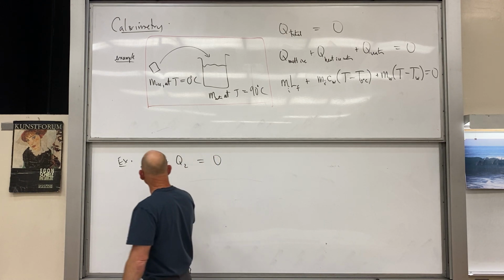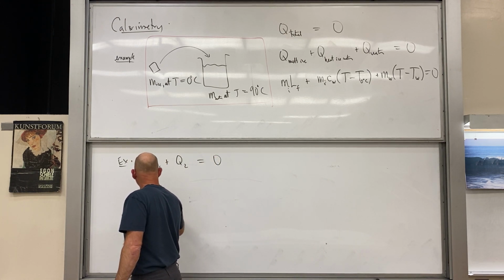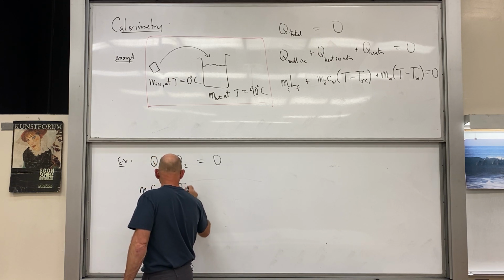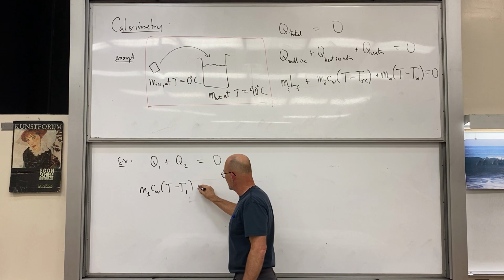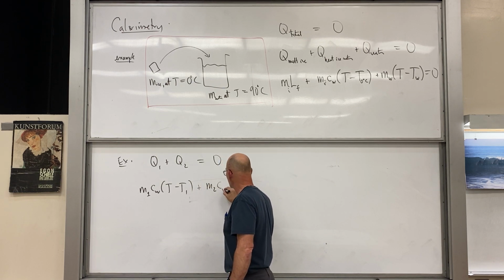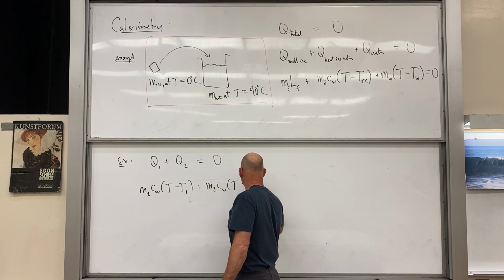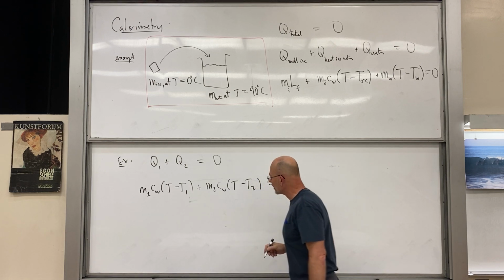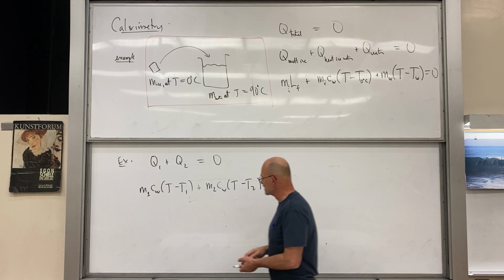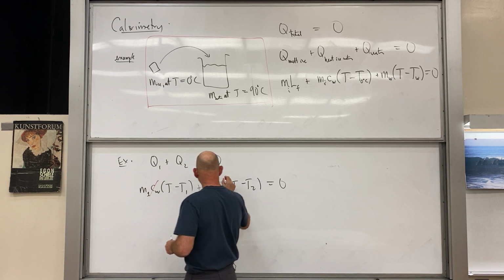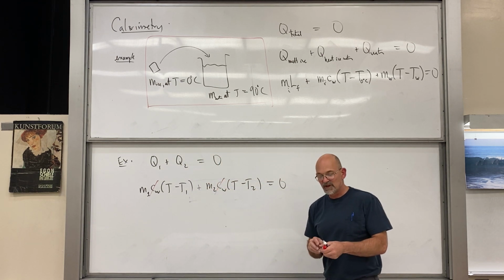So here we would have M1 specific heat of water (T minus T1), which is the initial temperature, plus M2 specific heat of water (T minus T2) equals 0. So this is a nice case because common specific heat drops away. We have some chance at solving this.